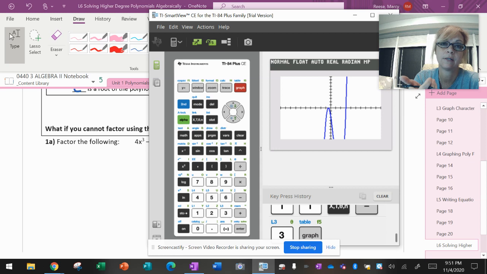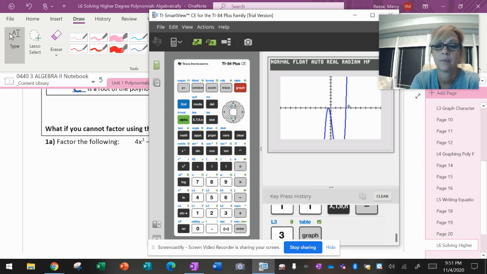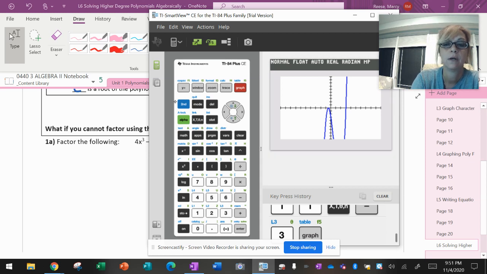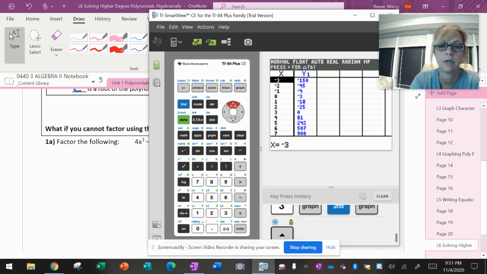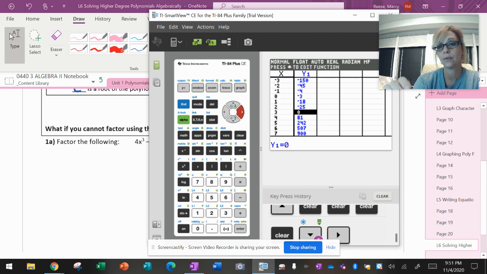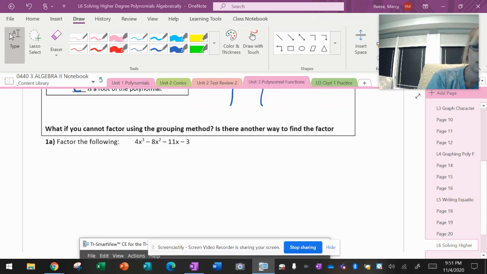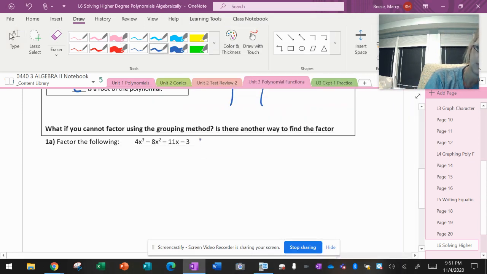Now, in this case, it looks pretty clear that when x is 3, it crosses the x-axis. But let's check on the table too. So when x is 3, it should say that the y value is 0. So I know right now, by using the calculator, so is there another way to factor? We could say yes.